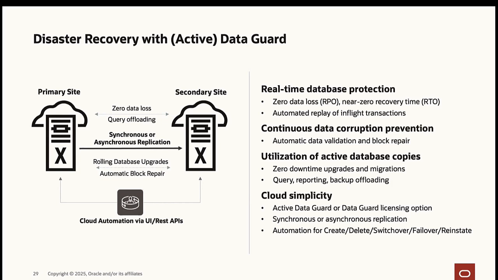So some other interesting things about Data Guard is that it's just a generally very powerful tool. It can replicate across ADs, across regions. And on top of that, it's very flexible. It's got an RTO of basically zero and an RPO of minutes.